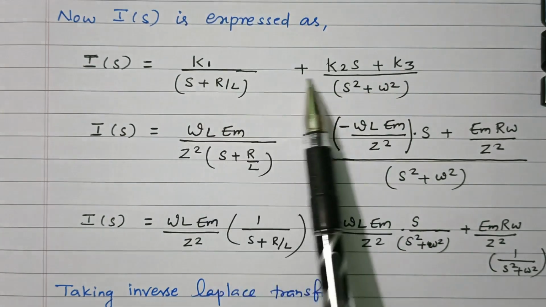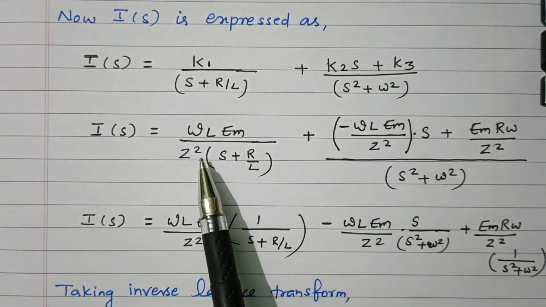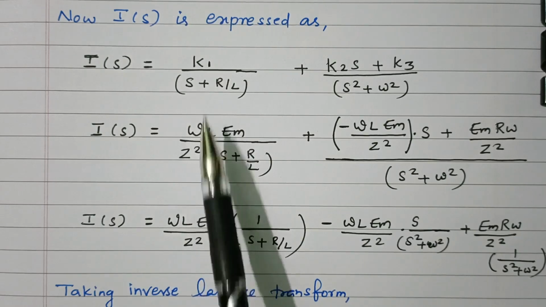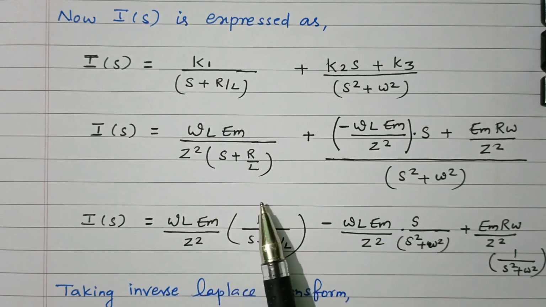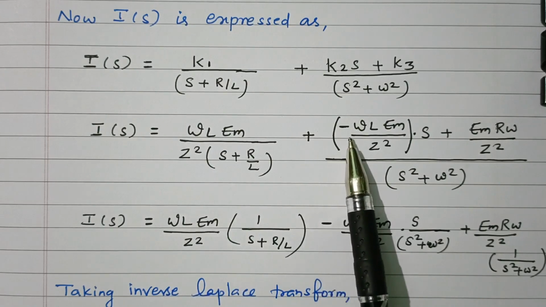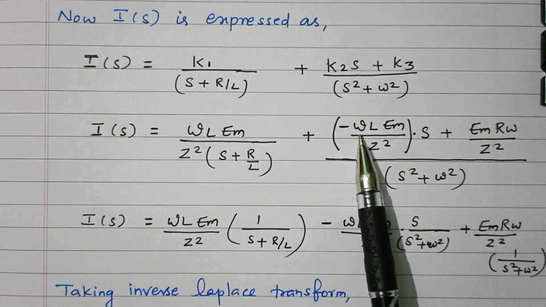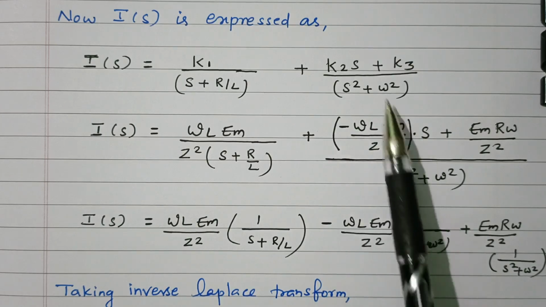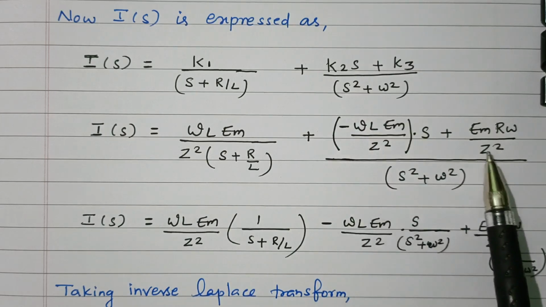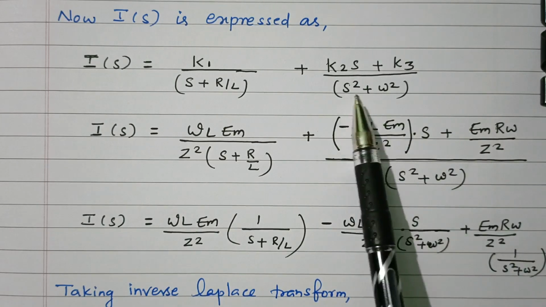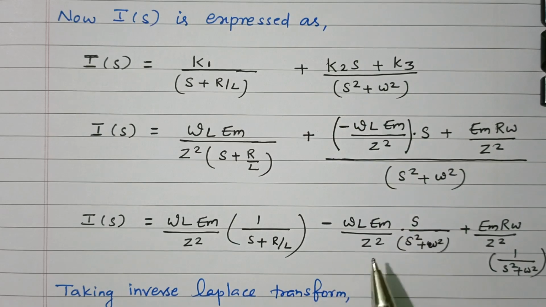Now substitute the values of k1, k2 and k3. k1 is omega L Em by z square into this term, s plus r by L, plus k2. We know that k1 equal to minus k2, so k2 is minus omega L Em by z square into s, plus k3. k3 is Em r omega by z square, divided by this term s square plus omega square.